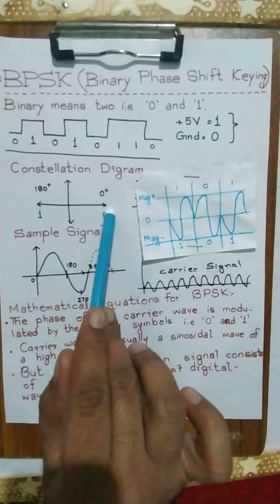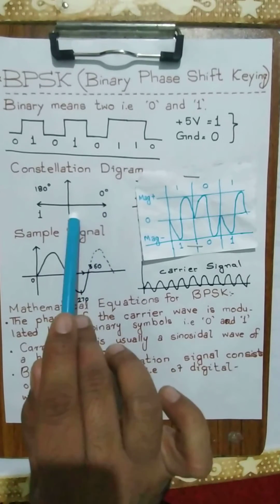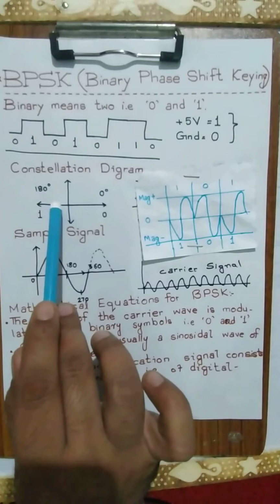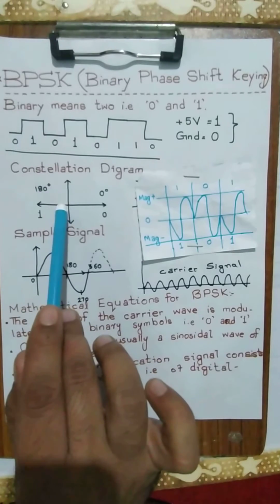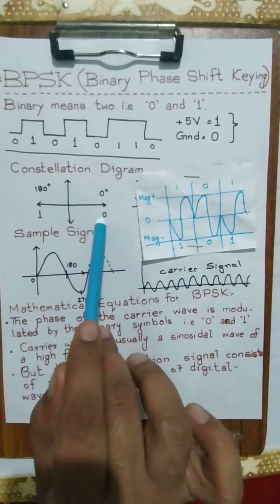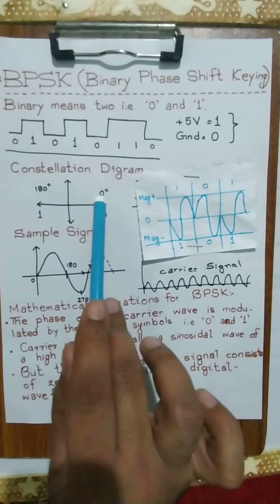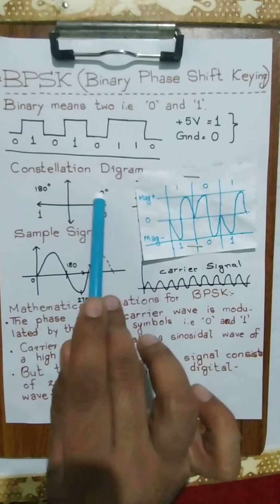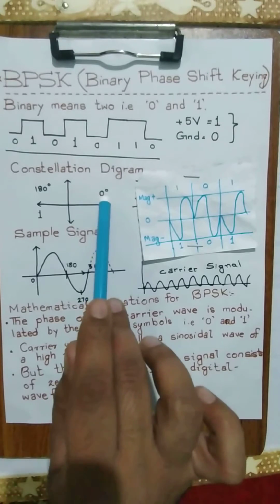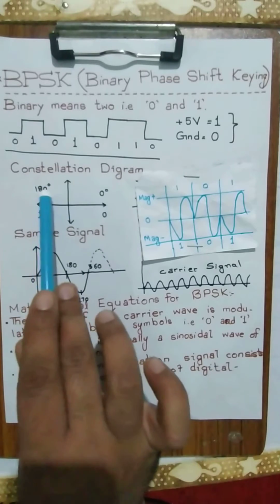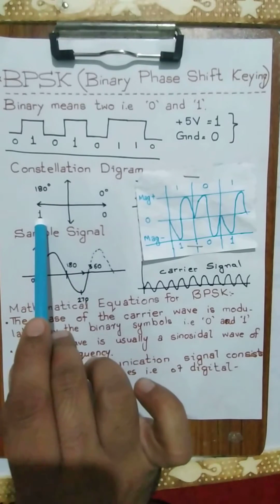This is the line of 0 degree, then it will rotate and end at 180 degree. So we will assume that 0 degree will be considered as 0 and 180 degree will be considered as 1.